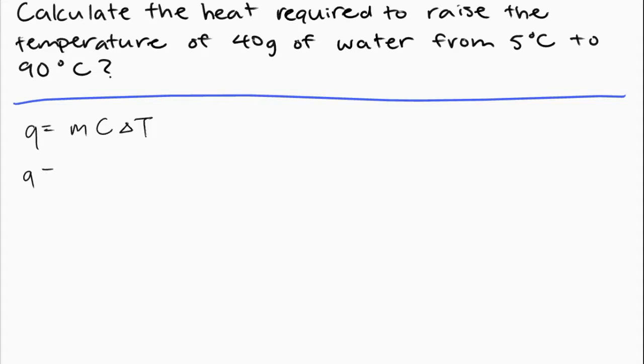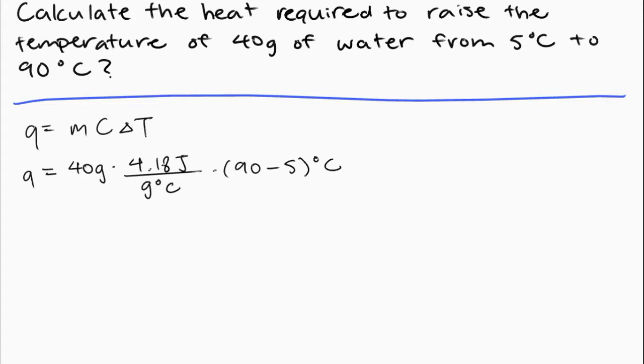We're trying to find Q, and we know that the mass of the water is 40 grams. The specific heat capacity of water is 4.18 joules over grams times degrees Celsius. And the delta T will be 90 minus 5 degrees Celsius.